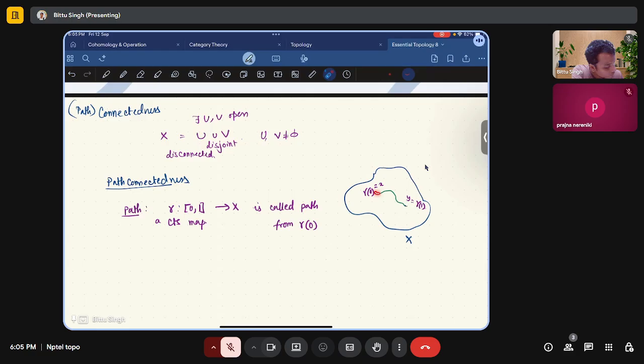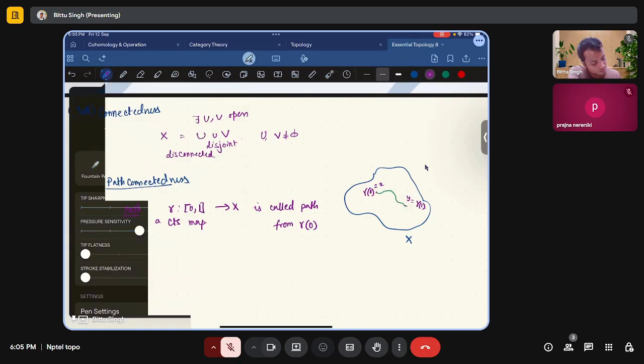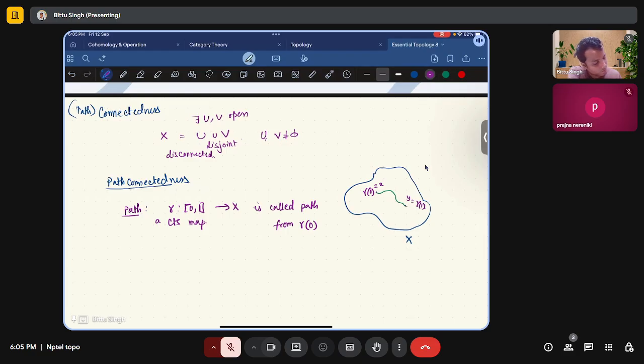So the path starts at x, and at any time t there is some point gamma t like this, and as t varies, we reach gamma 1. So this is called a path from gamma 0 to gamma 1 in the topological space X.